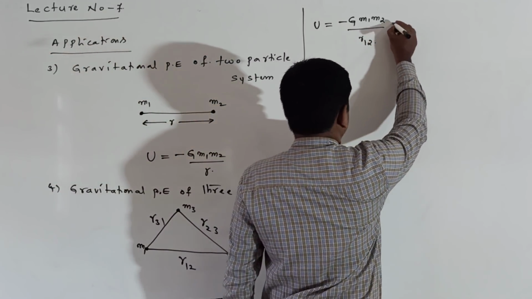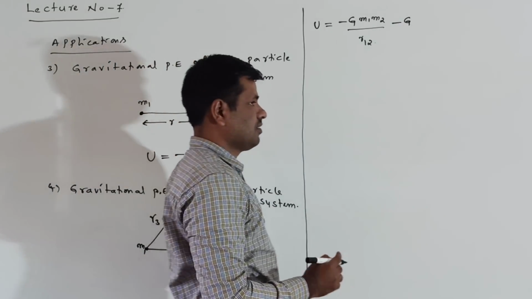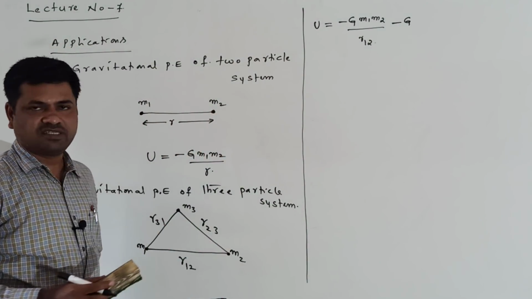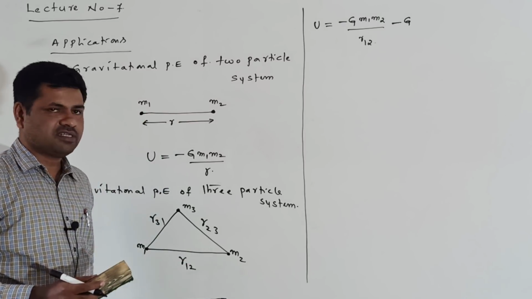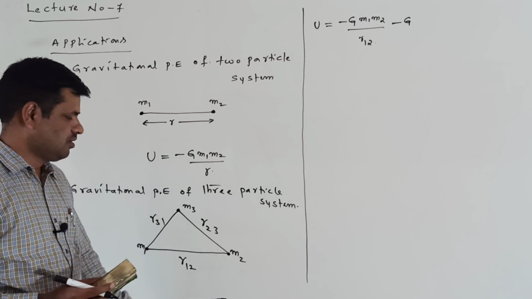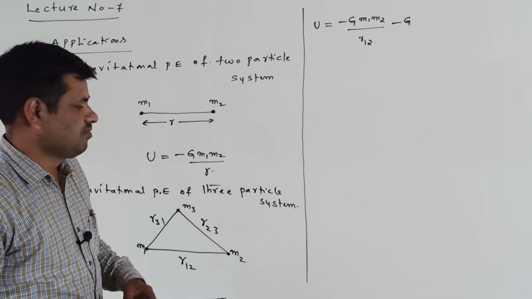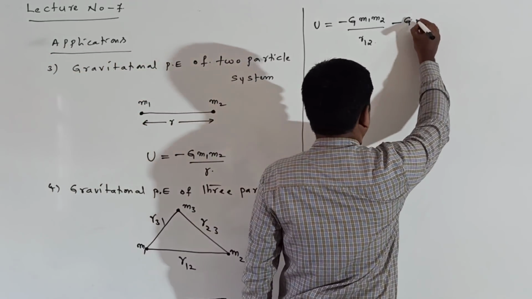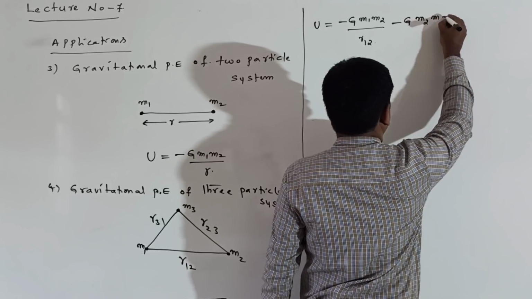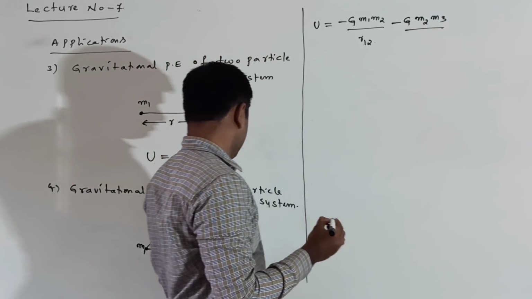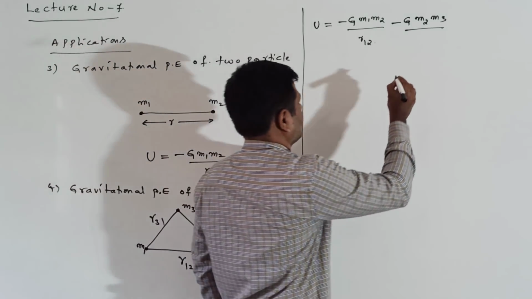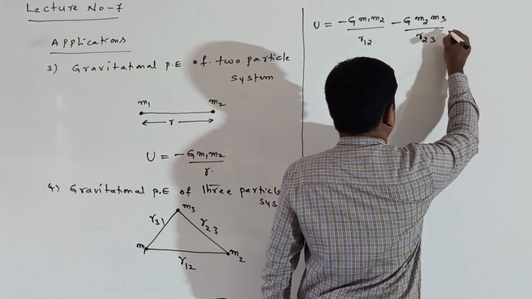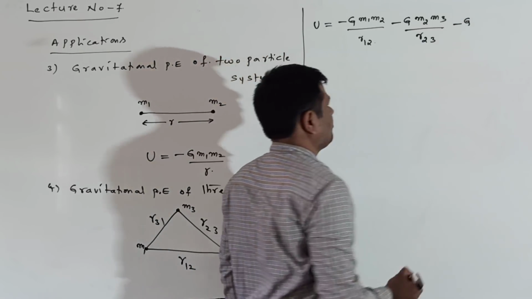Now what is next? Minus G into, for the m2 and m3 system I consider similarly. Here first m1 and m2 considered, they are separated by distance r12. Next m2 and m3 considered, minus G into m2 m3 by r23, the distance between them.